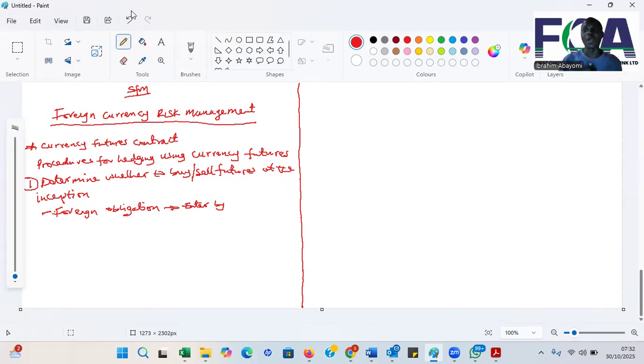So if I have a foreign obligation, my fear is that the exchange rate will go up against me. If exchange rate actually goes up in the future, it means the futures will be cheaper.